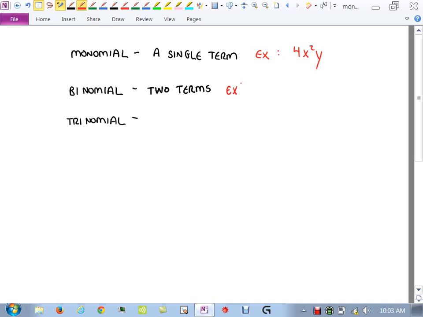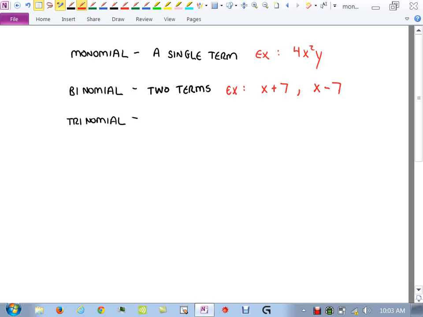An example of a binomial, x plus 7. Right? X is a term, 7 is a term. Two terms. In this case, they're added together. If I did x minus 7, that would also be a binomial. So those are two examples. It doesn't matter if there's plus or minus between them, as long as you've got two terms.